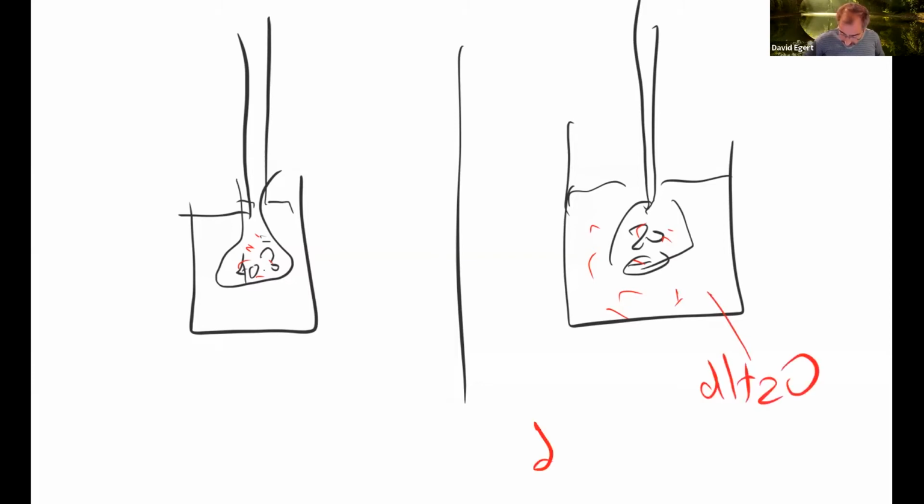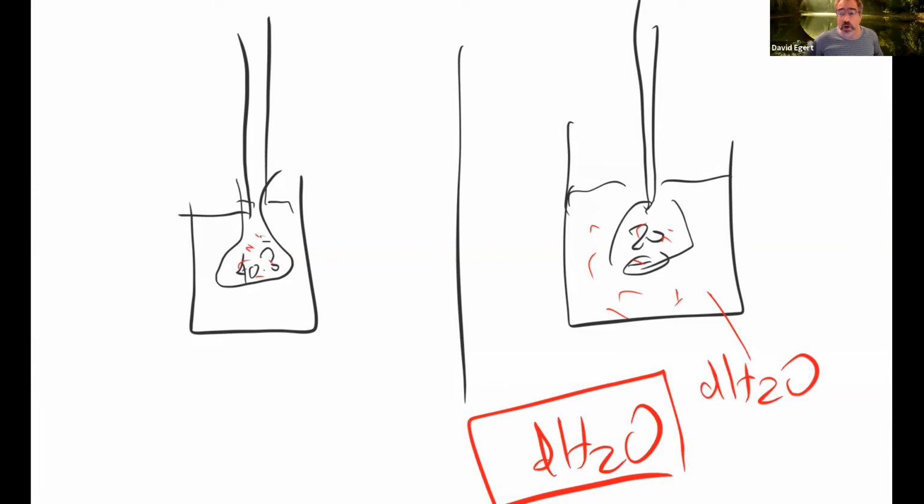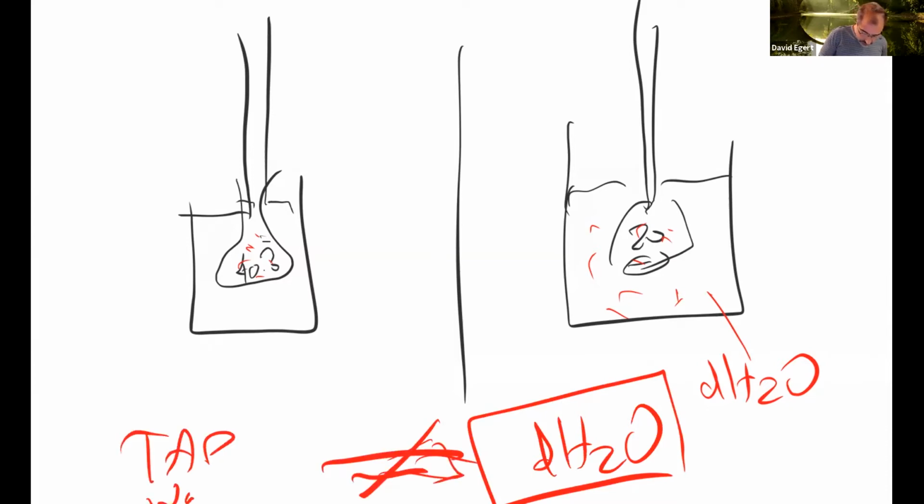When I write DH2O, that means it's pure water. Like when you pour water out of a tap, so this is not equal to tap water. Tap water has all sorts of minerals dissolved in it, different ions, different things that help kill the microbes.